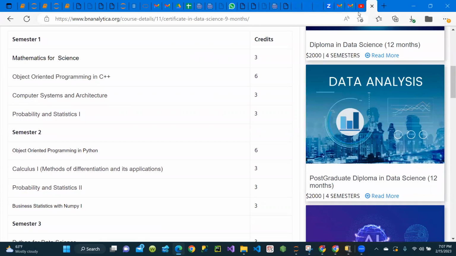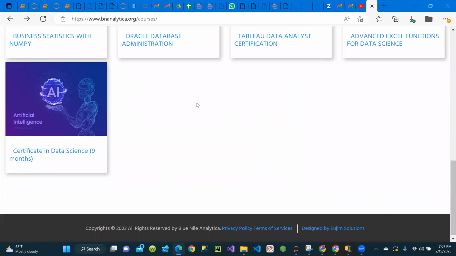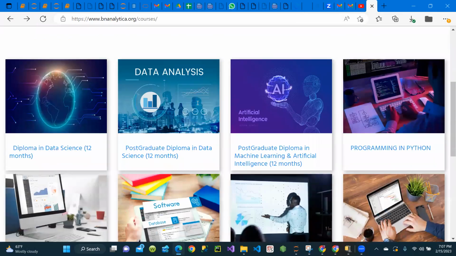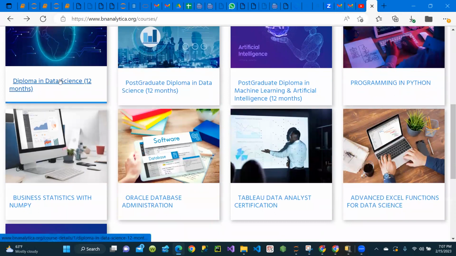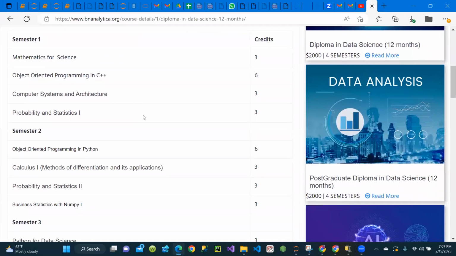You are beyond certificate, you are advanced. So that's not a good example for you. Let me go back. Okay, so I'll take the diploma or postgraduate diploma in data science. Let me take this.